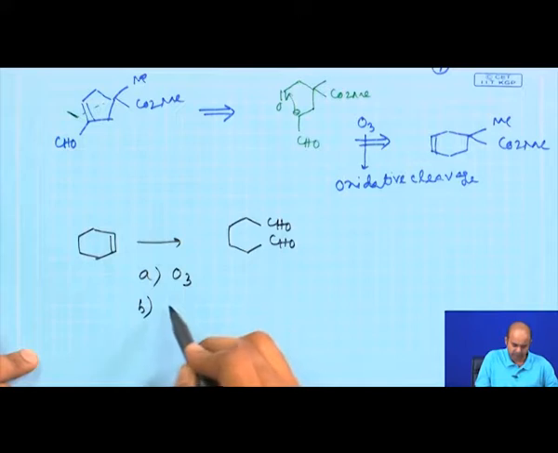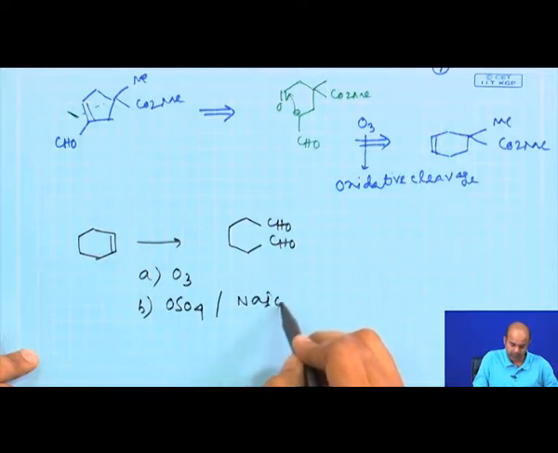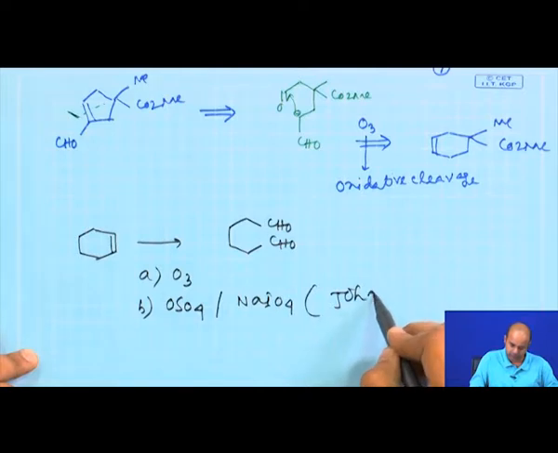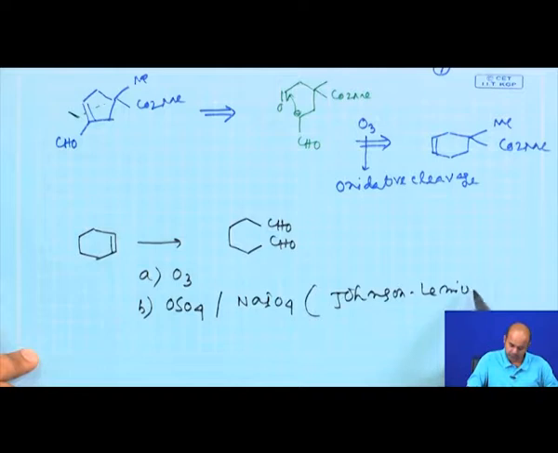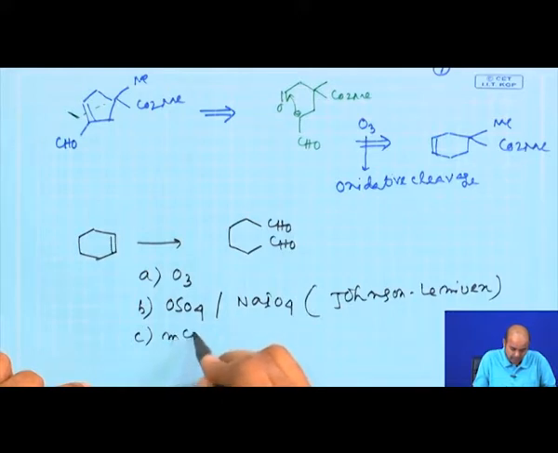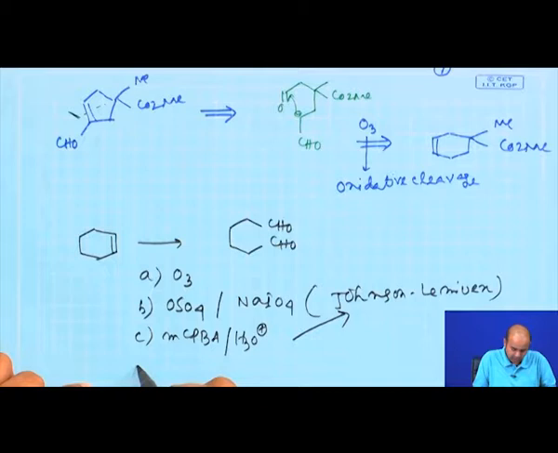There are other reagents. First you do a dihydroxylation, then you use sodium periodate, which is named the Johnson-Lemieux reaction. The spelling you have to check, Johnson-Lemieux reaction. Or you can do an MCPBA mediated epoxidation followed by water treatment, that will give the diol, then you do the same Johnson-Lemieux.